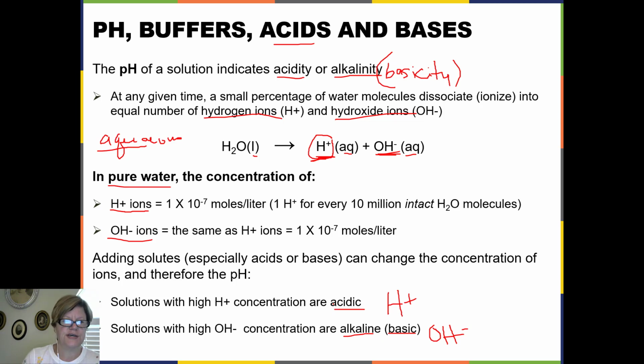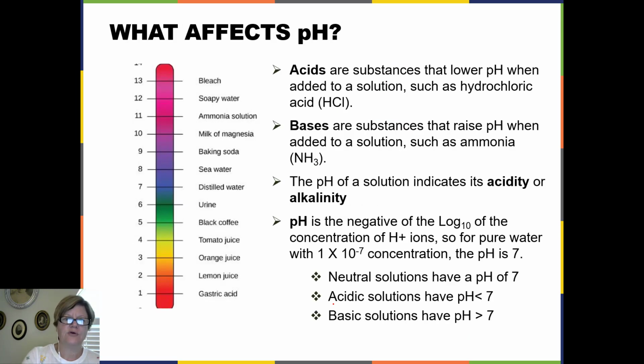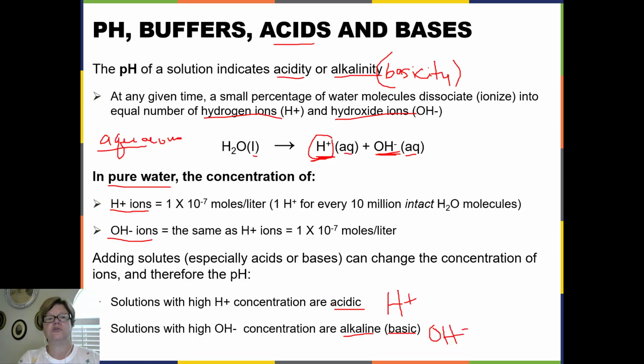So the definition of acid and base: an acid has a higher concentration of hydrogen ions than pure water, and an alkaline solution has a higher concentration of hydroxide ions. All right, but I don't like to use that definition for base, so I'm going to give you an alternative.